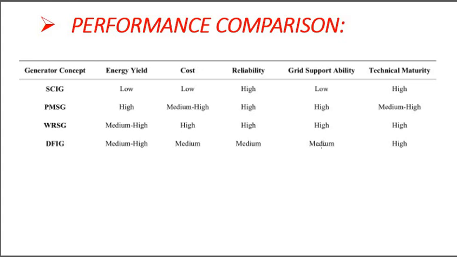Now technical maturity for the SCIG is high, for the PMSG medium to high, for WRSG high, and DFIG also has high technical maturity. So this is the performance comparison of the four types of generators.